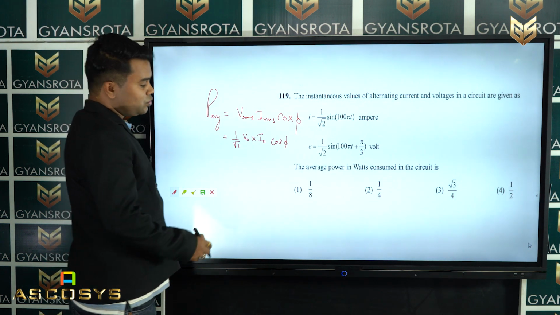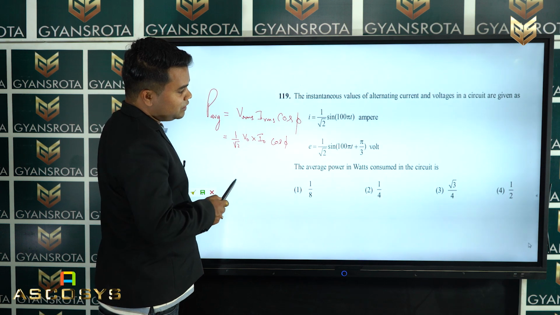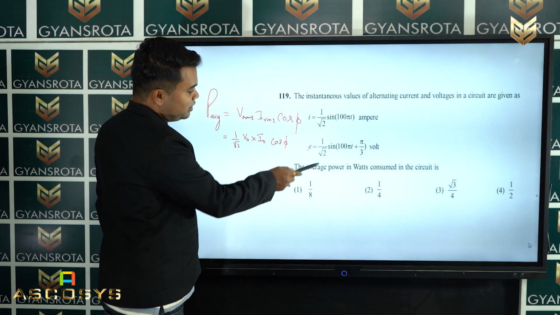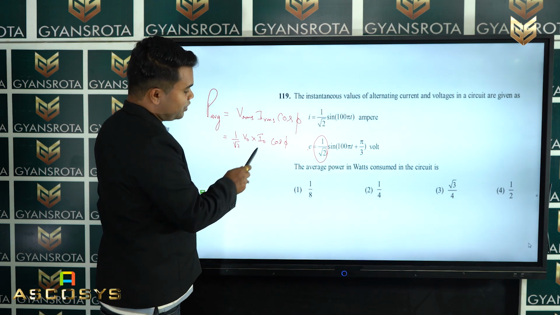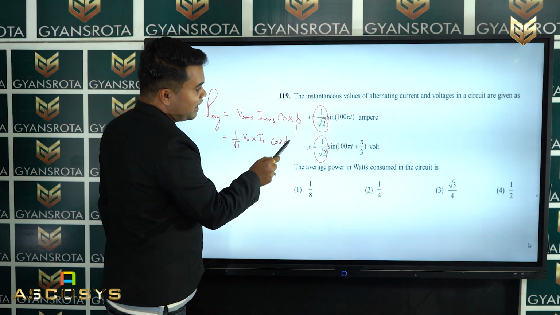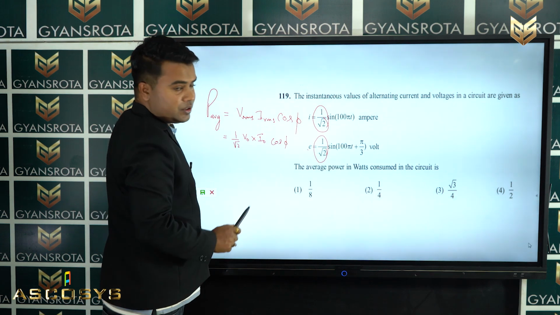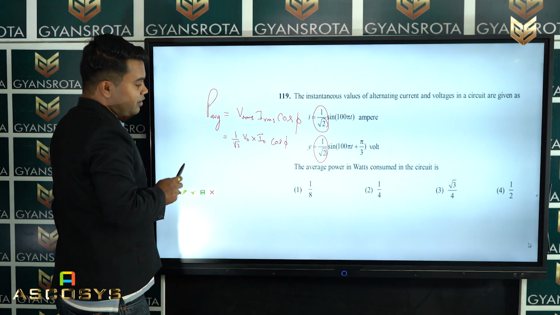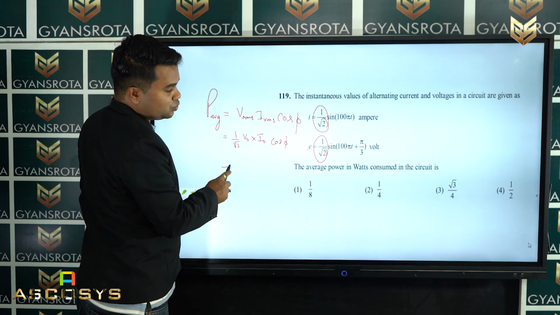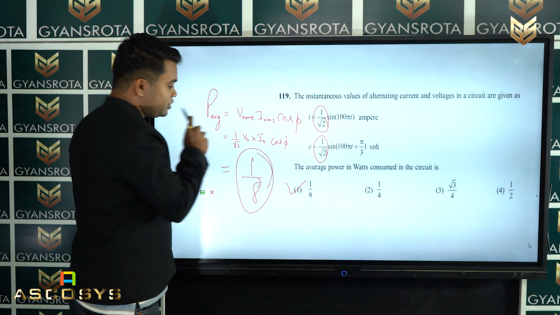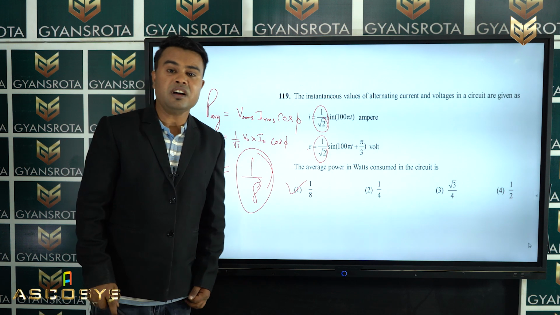So everything is known to you now. V naught is given in the question, that is the maximum value of the voltage EMF, that is this one, 1 by root 2. For I naught it will be this one, and phi is given, that is pi by 3. So once you put this in, your final answer is going to come out to be 1 by 8. So 1 by 8 is the correct answer. Use this concept, my dear, and you will be able to solve the question.